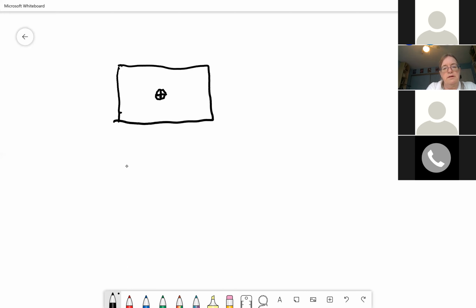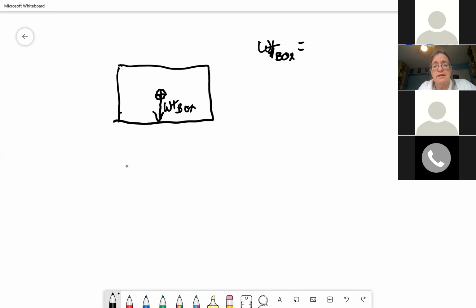And what is the weight of the box? Weight of the box is going to equal, or force due to gravity of the box, depending, you can use either, that's fine. I've used both through the term. It is going to equal mass times acceleration due to gravity, which is 10 kilograms times 9.81 meters per second squared.